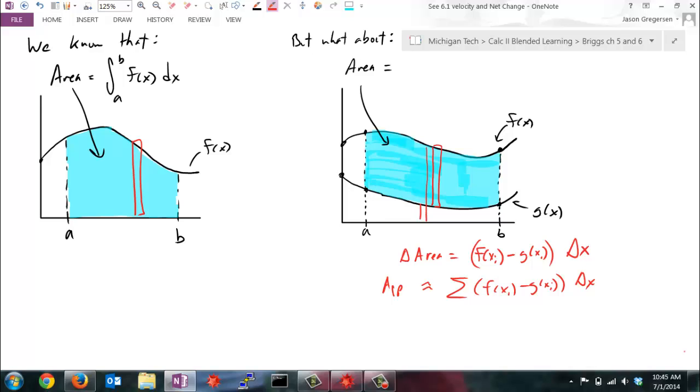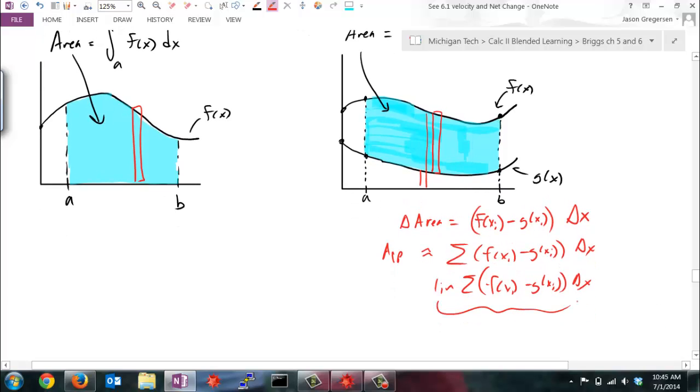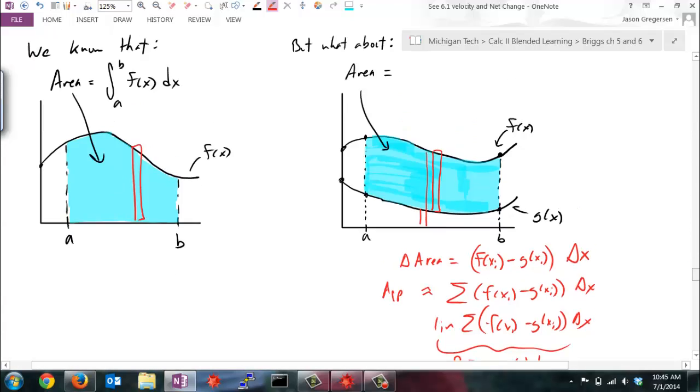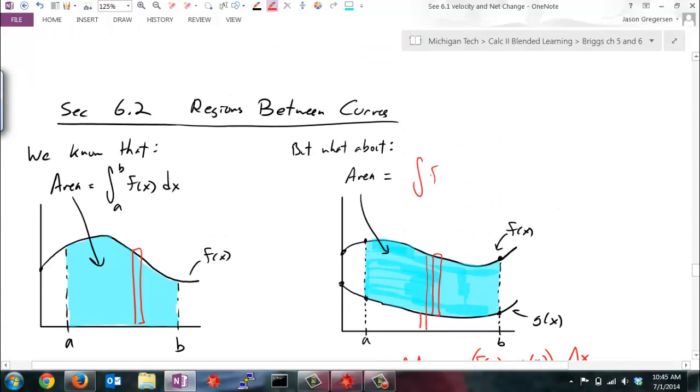I'll take the limit of this thing. And that will turn this into an exact answer. And then I recognize this thing. This thing, by definition, is the integral of f of x minus g of x dx. And that should represent the exact area of this region. So it's just the integral of f of x minus g of x dx from a to b.